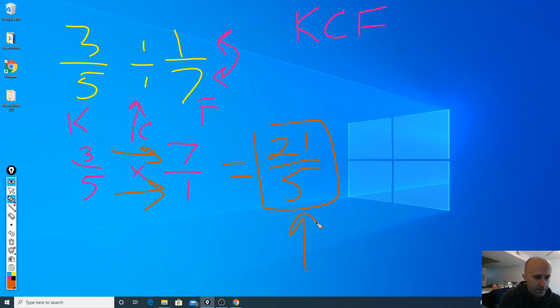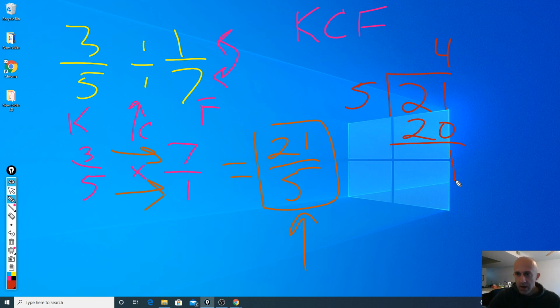Taking our denominator, just to show a difference here, our denominator of 5 will go into our numerator of 21. 5 goes into 21 4 times. 4 times 5 is going to be 20. 21 minus 20 is 1. Can 5 go into 1?